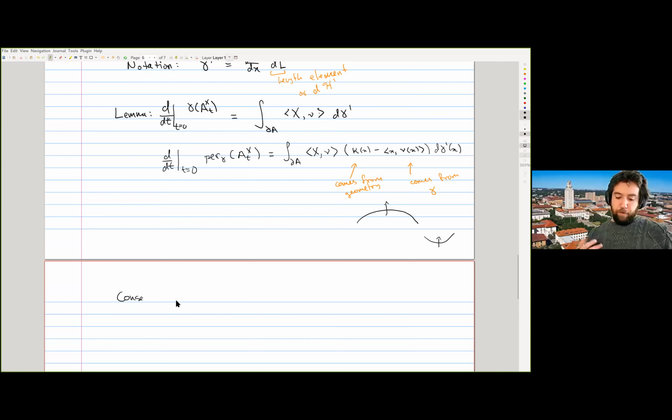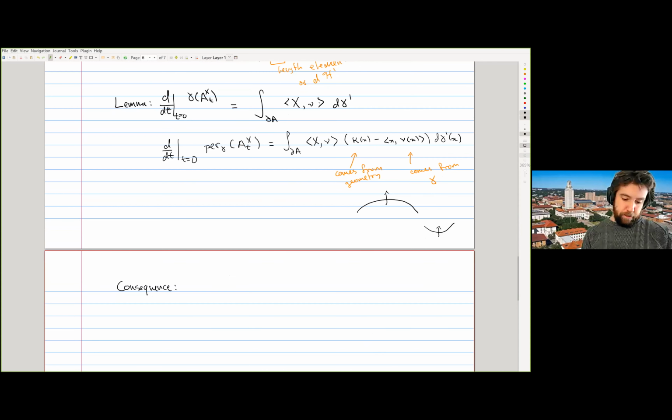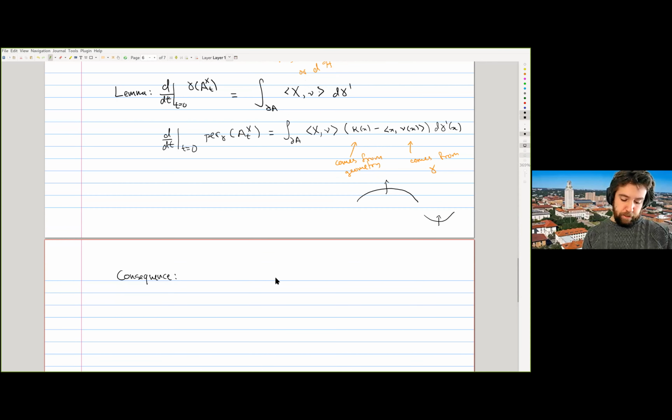If you have a perimeter minimizer, then the quantity kappa minus x times the normal is constant on the boundary.